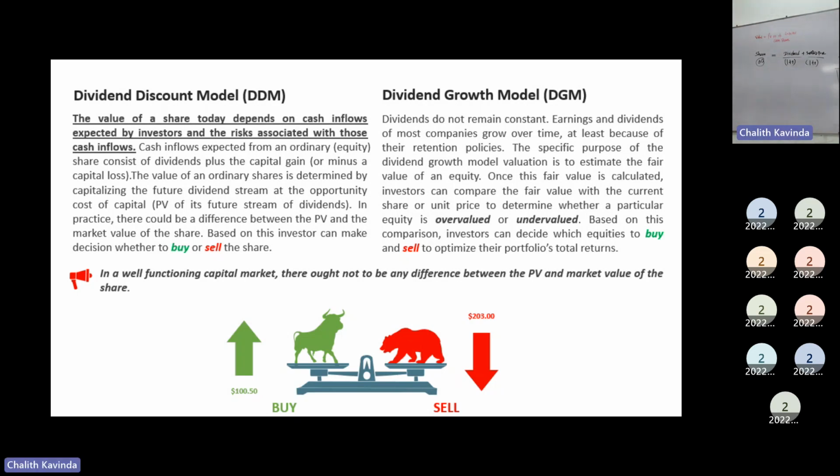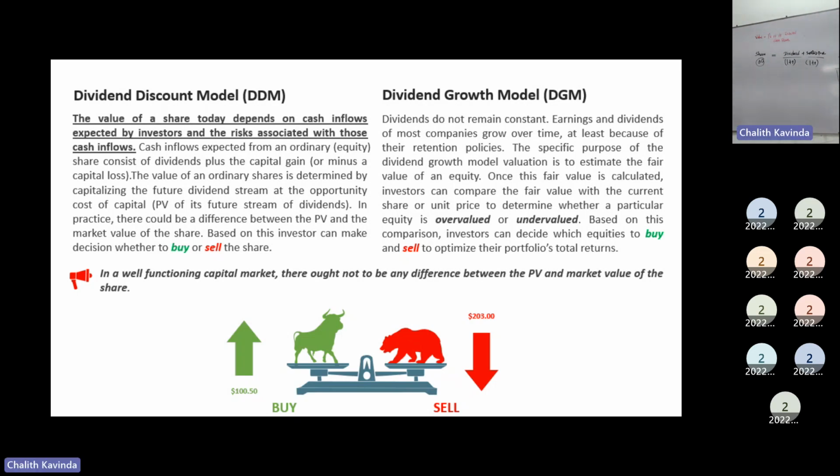In practice, there could be a difference between the present value and the market price, like we did earlier. Based on this, an investor can make a decision whether to buy or sell the share by comparing the calculated value with the market value.